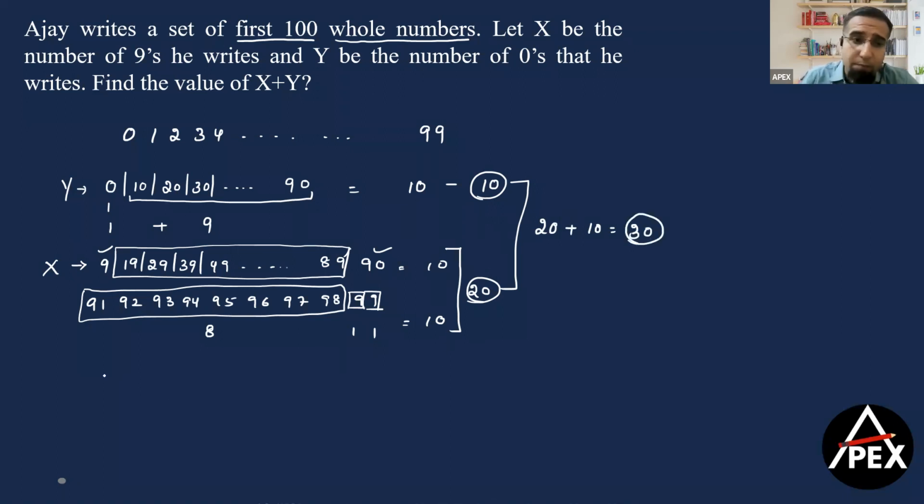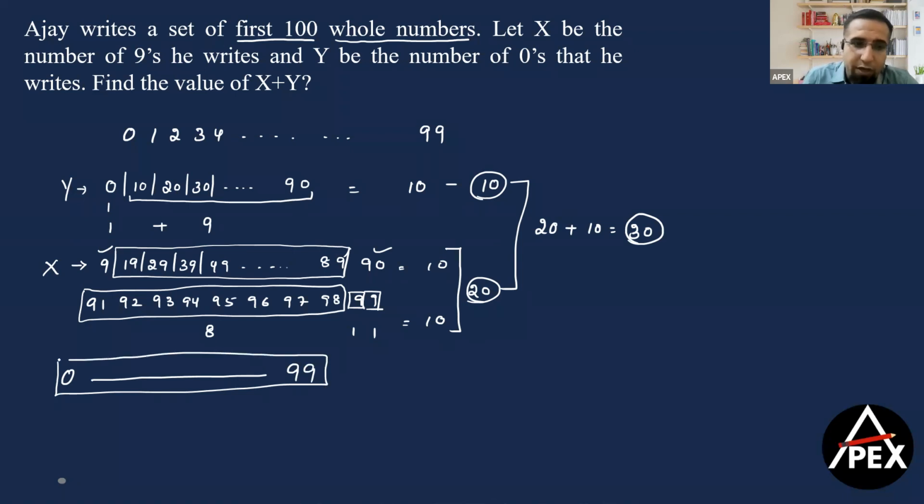More importantly, remember, whenever we write a series of 100 consecutive whole numbers starting from 0 till 99, or let's say 00, 01 and so on, the number of natural numbers, that means any digit from 1 to 9, makes its appearance 20 times. You consider any digit. Let's say I'm talking about 5.